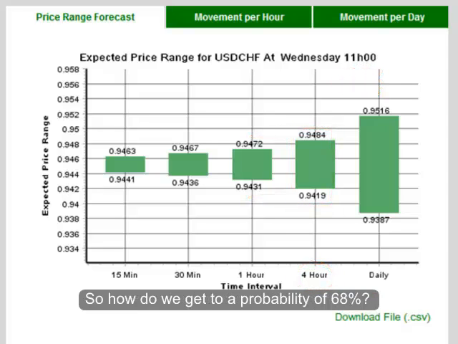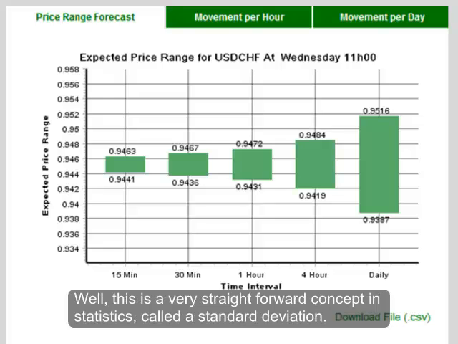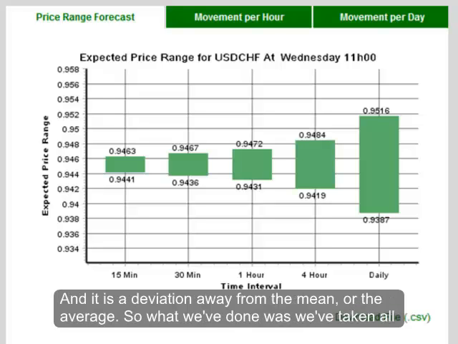So how do we get to a probability of 68%? Well, this is a very straightforward concept in statistics called a standard deviation. And it is a deviation away from the mean or the average.